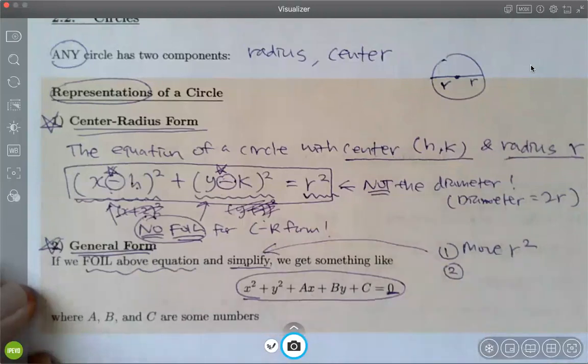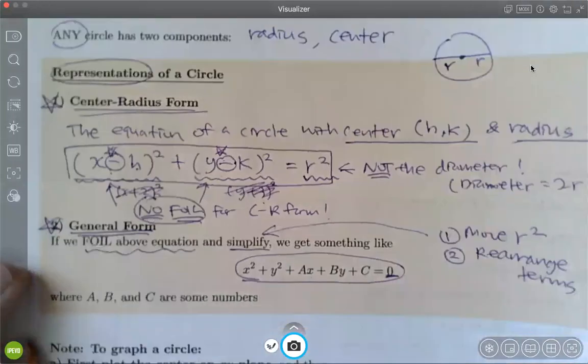So we rearrange the terms, that's what I mean by simplify, so that the squares come first, the non-squares second, and the pure number at the end, and then 0 on the right-hand side. That's how we get the general form from the center radius form.